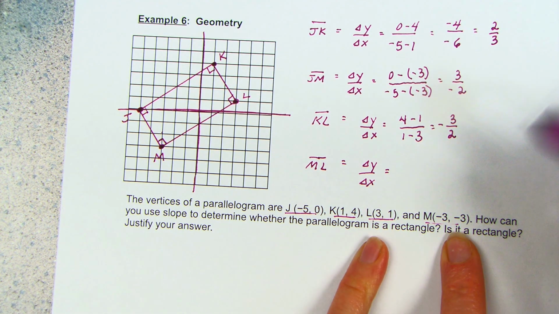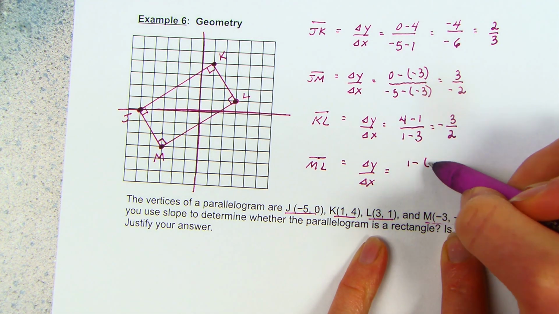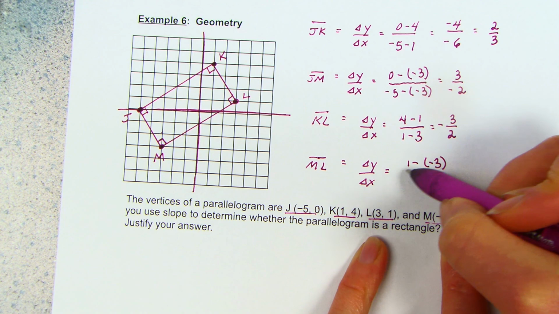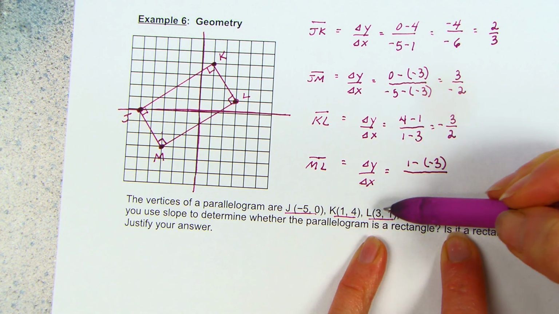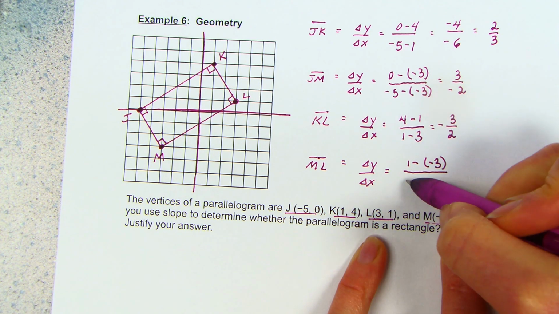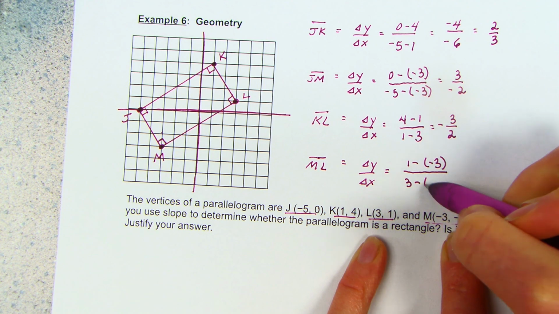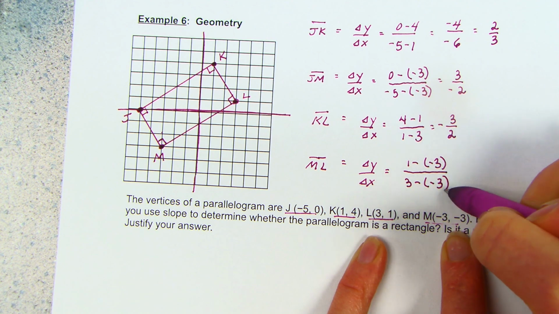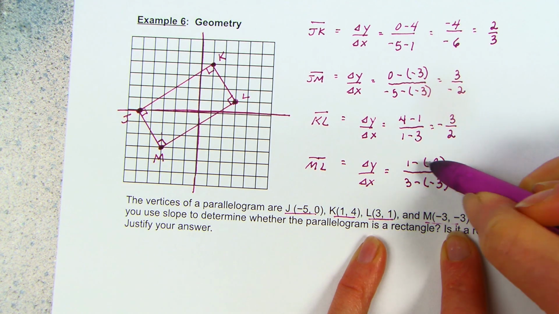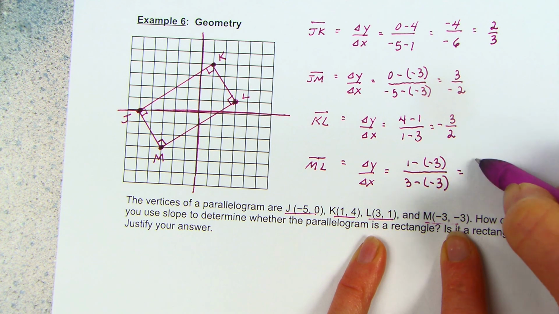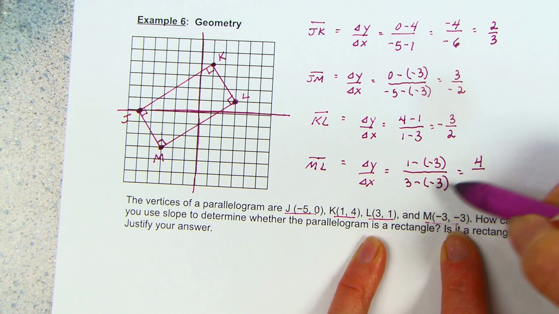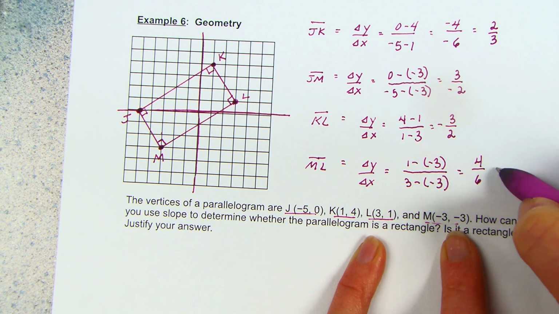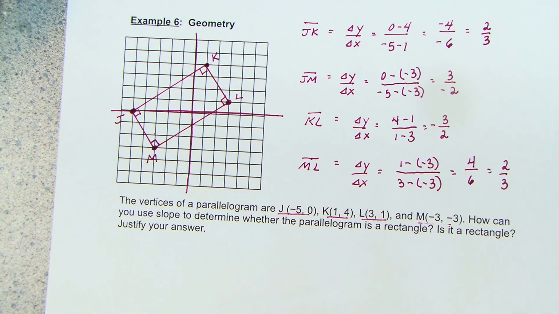Okay, so I've got 1 minus negative 3 and 3 minus negative 3. So this is the same as 1 plus 3, which is 4, and 3 plus 3, which is 6, which simplifies down to 2/3.